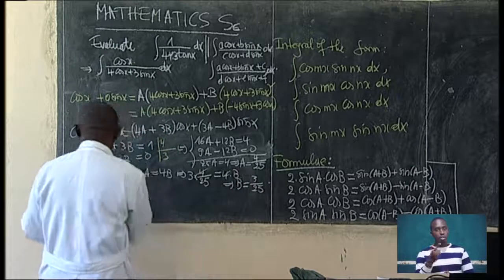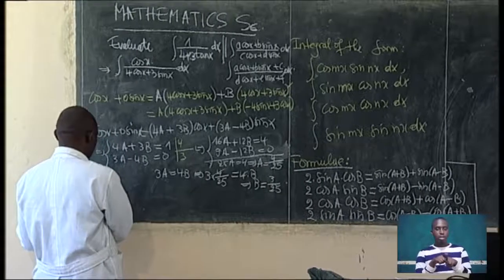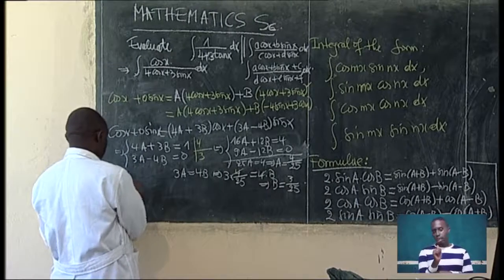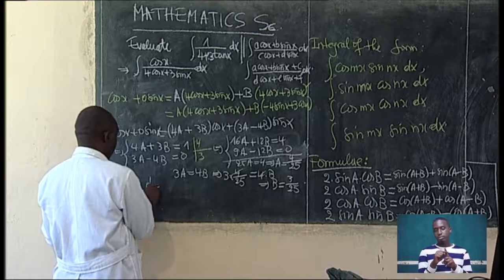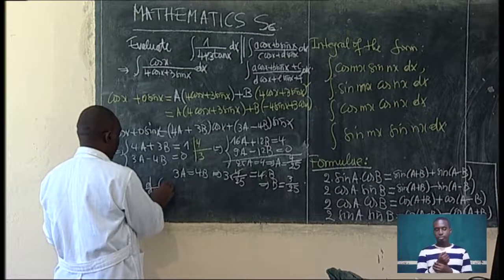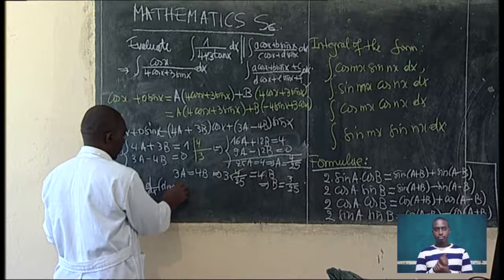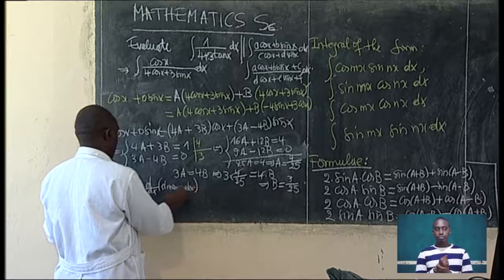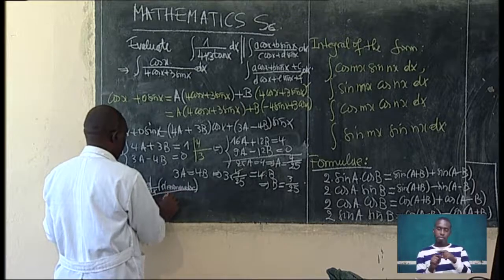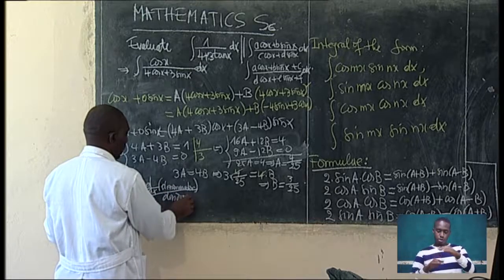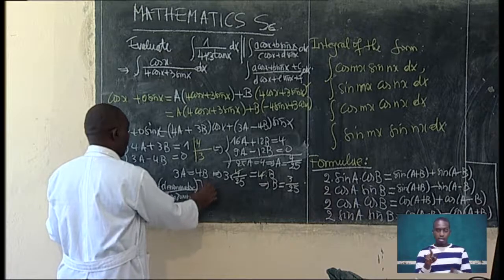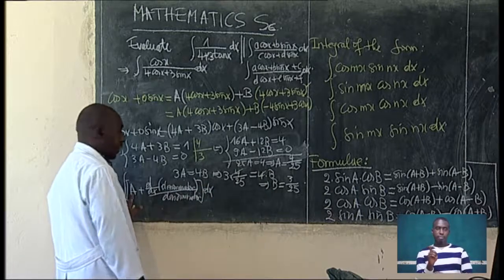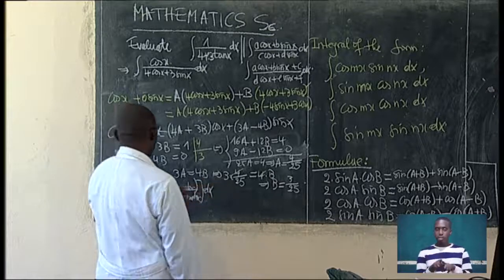So our integral becomes a plus b times the derivative of the denominator divided by the denominator, dx. A is given, b is known here.